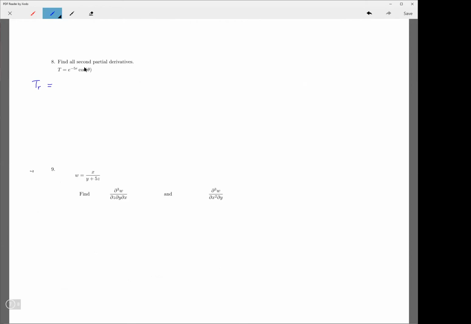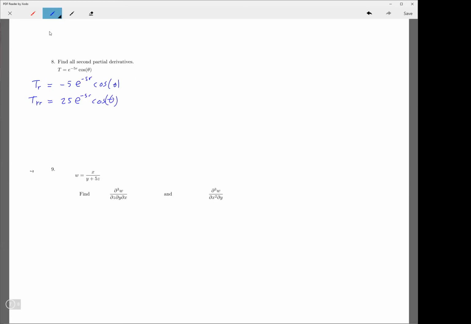Now, there's no t's over here, they're just r and theta. So you're taking the partial of this with respect to r, and you're going to get negative 5 e to the negative 5r, and the cosine theta is just like a constant. And then if you take another derivative, you're going to get another negative 5 coming down. So that's 25 e to the negative 5r cosine theta.